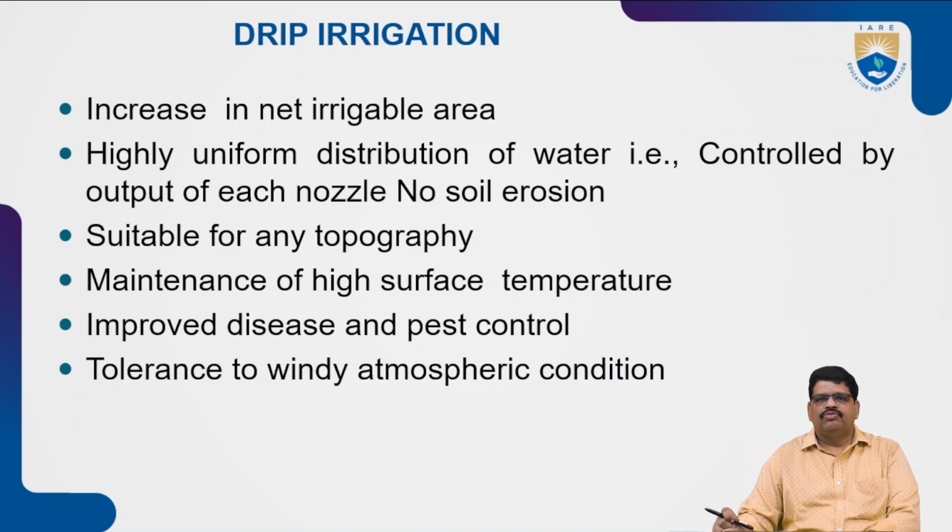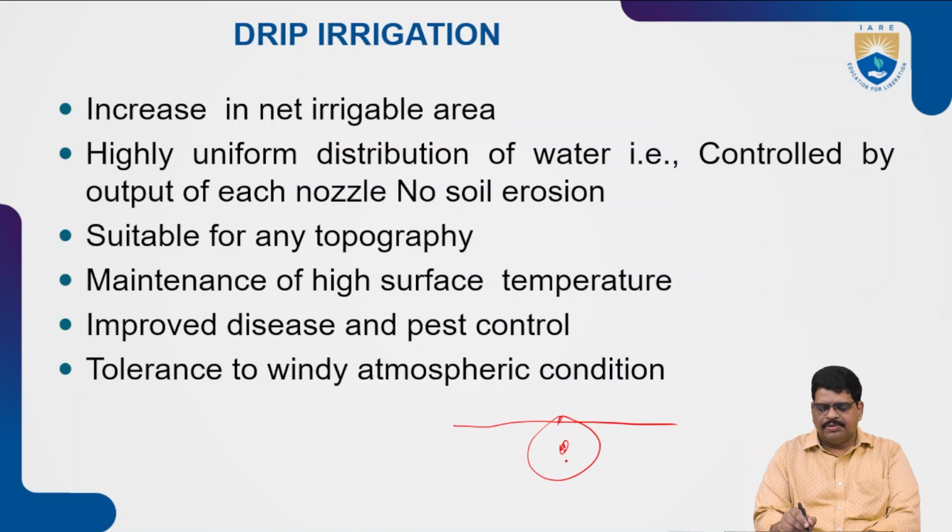Next, highly uniform distribution of water, controlled by the output of each nozzle to the soil. So here the water is distributed equally through the nozzle, with only drops provided as per the water requirement of each crop.